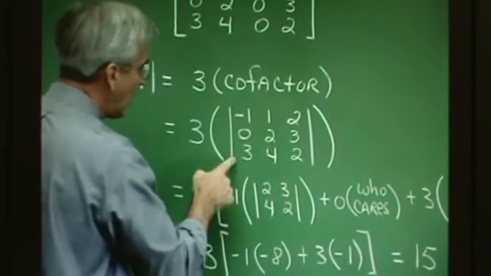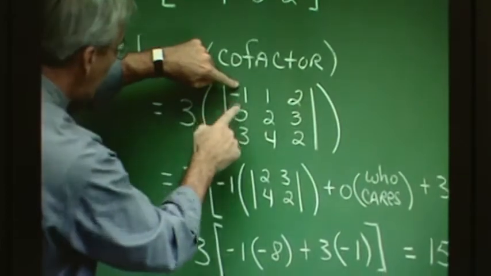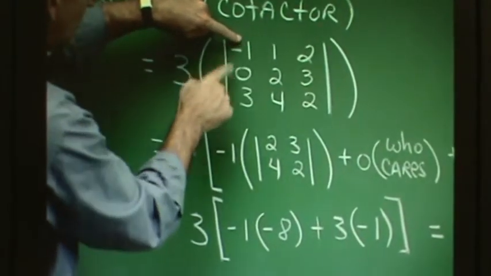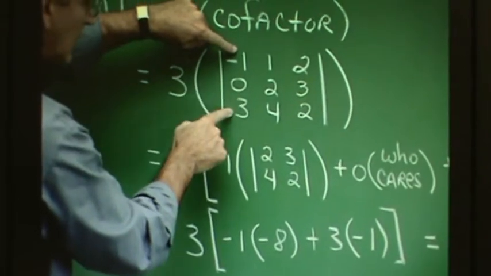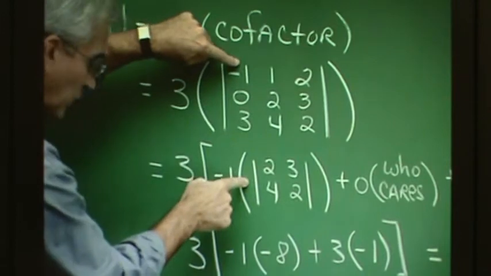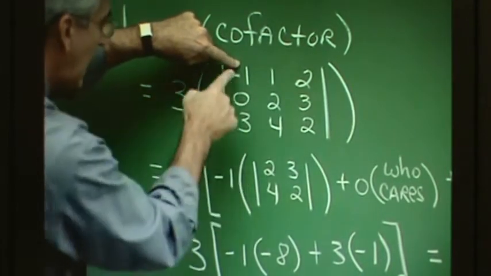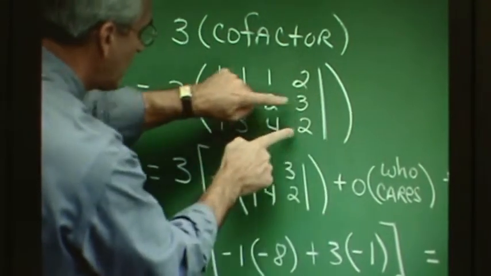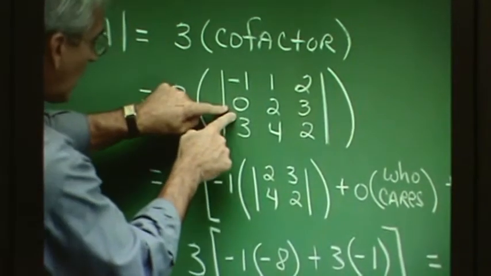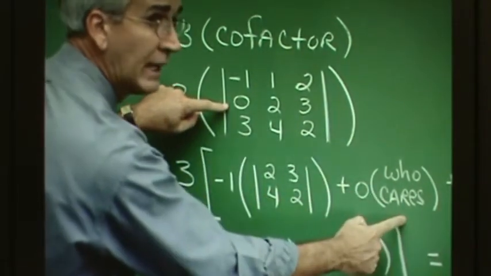If I go down this column, I've got -1 times, and I have a sign pattern here, the plus, minus, plus kind of situation. So I've got plus right here, and that's why this is understood to be plus. And now take out row and column, and I have the 2, 4, 3, 2 right here. And now coming down this way, it's 0 times, well, who cares what it is?